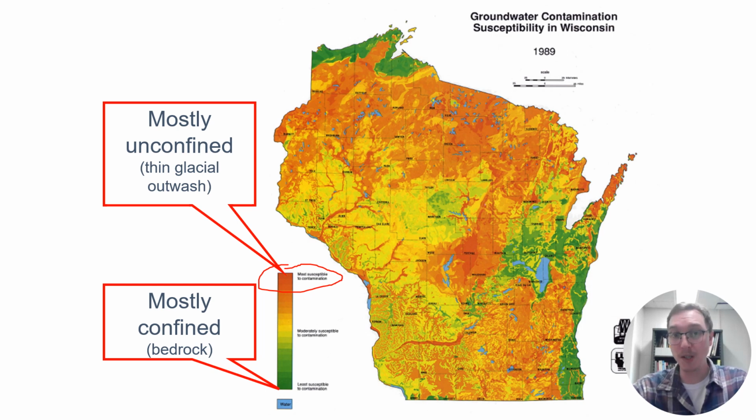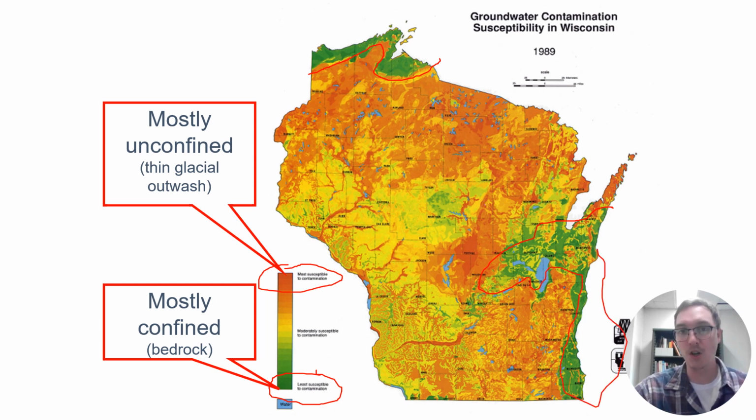If we were dealing with mostly confined bedrock, we would be dealing with the least amount of contamination. Places like here, the shores of Lake Superior or the shores of Lake Michigan, have significantly less susceptibility to groundwater contamination.